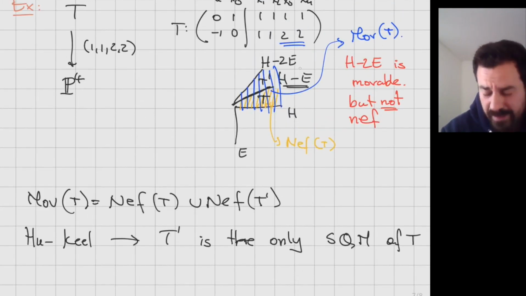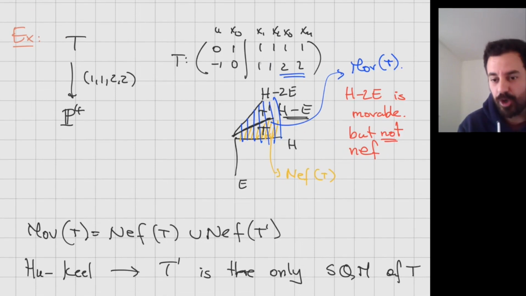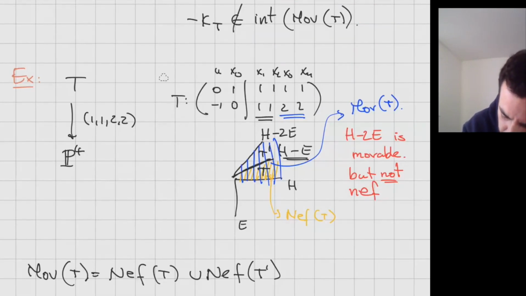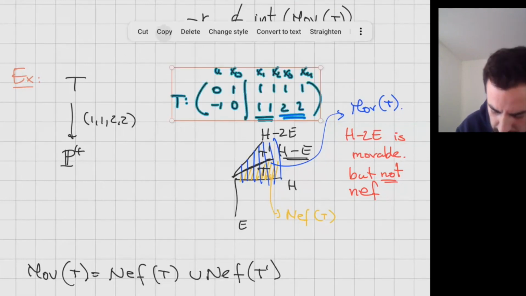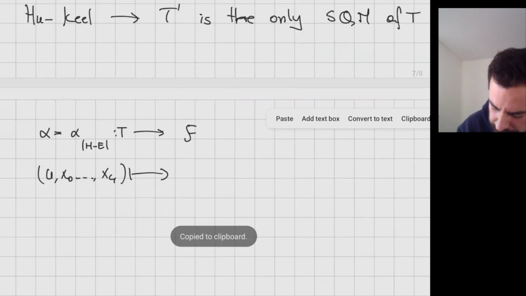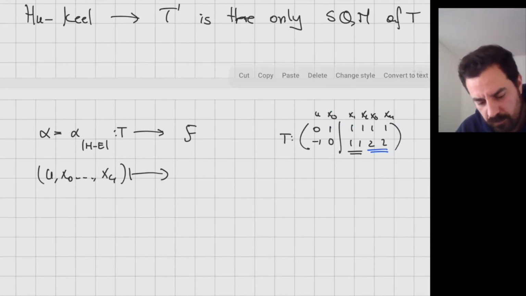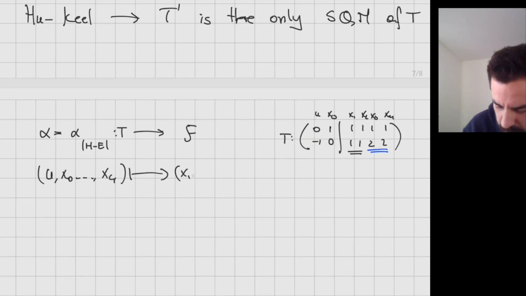So I want the linear system, or actually the multiples of the linear system, of this divisor h minus e. So h minus e corresponds to all divisors with degree 1, 1. So what I want is all monomials that give me 1, 1 or multiples of 1, 1. For sure, I have x1, x2.